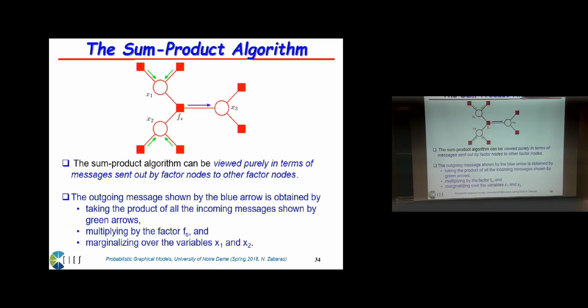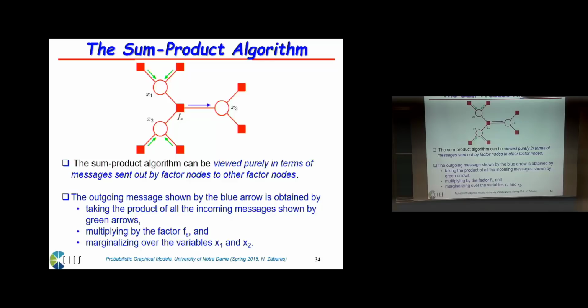Okay, so before I start showing you some examples, let me just say that in principle, you don't even have to bother to discuss messages sent by nodes to factors. I mean, in principle, you can see the whole algorithm, the SumProduct algorithm for factor graphs, as messages sent from factors to factors. Because, for example, you may say, but to compute this blue message, I need to know the message this node sends to this factor so I can multiply it with this message.